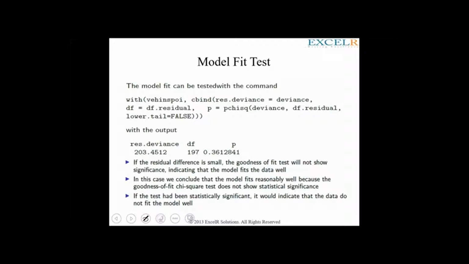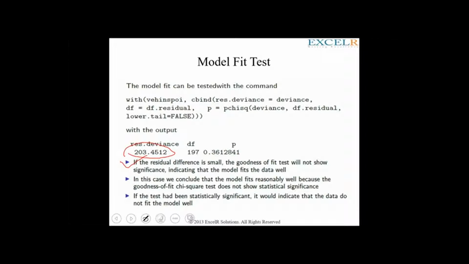You can also do this test, which is called as model fit test. And there's nothing but your chi-square. The only thing that you need to look into here is that if the residual difference here is small, that means if the error is small, the goodness of fit test will not show significant. That means your model fits the data well.